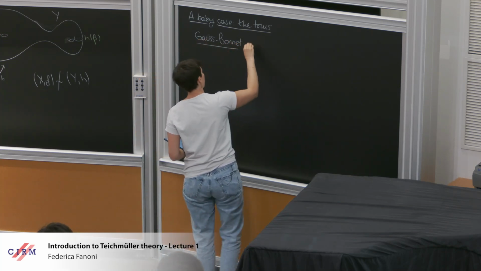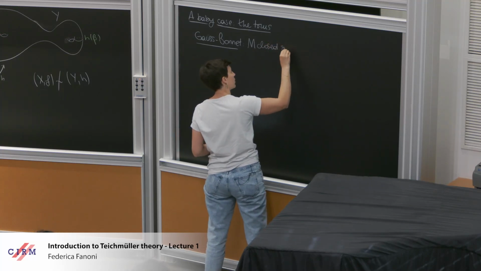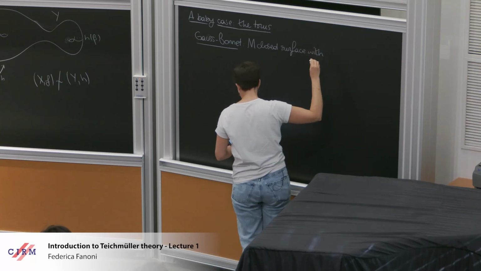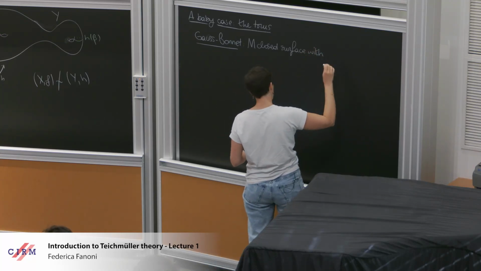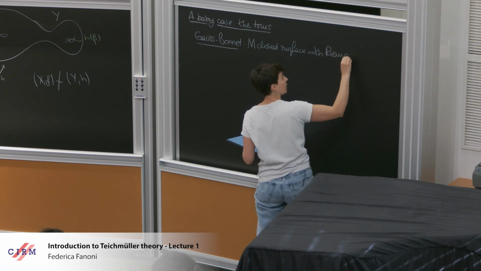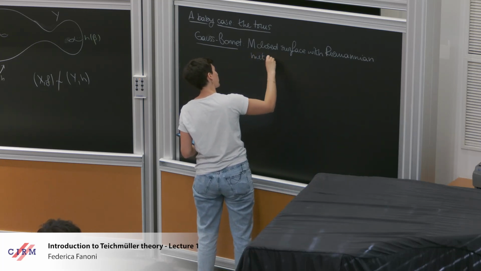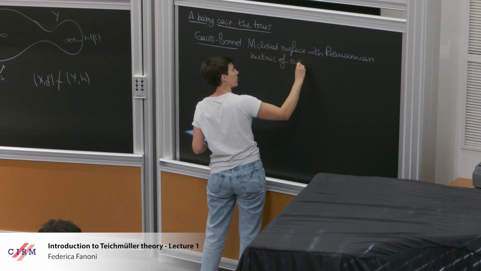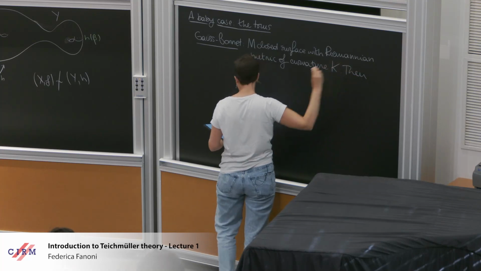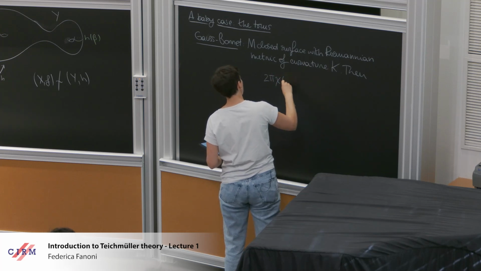It tells me that if I have M, which is a closed surface with a Riemannian metric of curvature K, then there's a relation between the topology and the geometry.